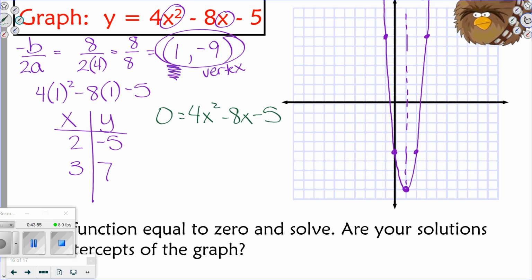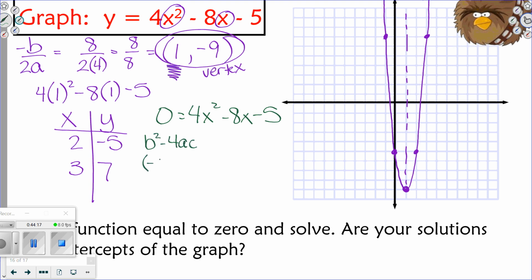What method should we use to solve? You want to try to factor? Should we play around with it, or could we check something to see if it factors? Because there's a lot of numbers there. Remember, you can check your discriminant, right? b squared minus 4ac.